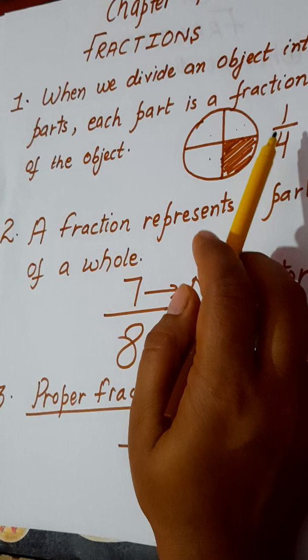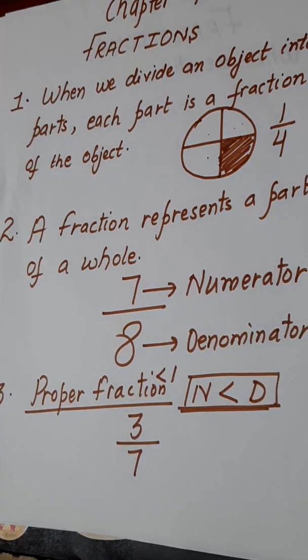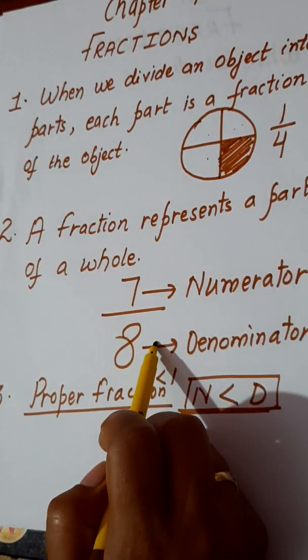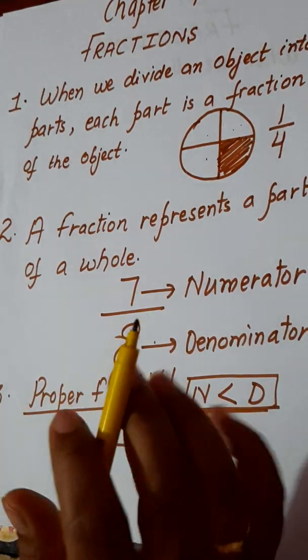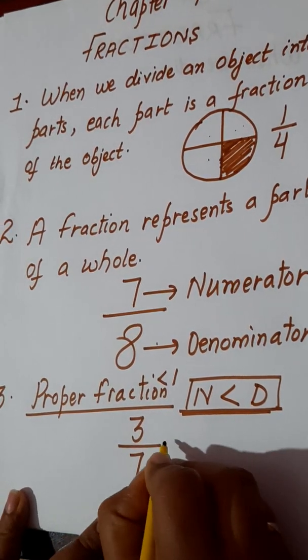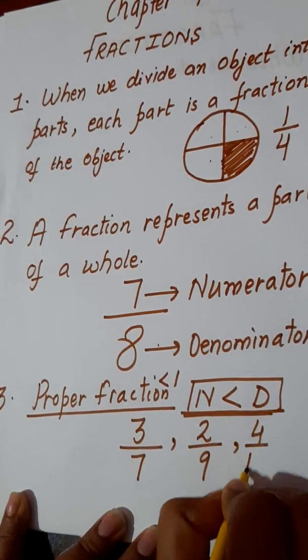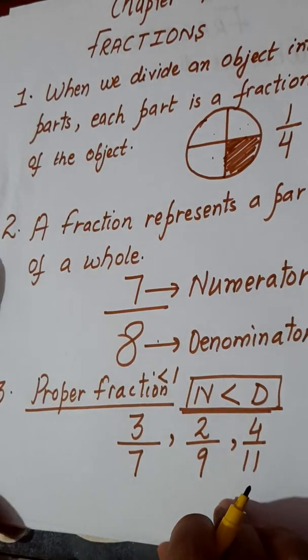Now here we have 1 upon 4 which represents a proper fraction. Here we have 7 upon 8, the numerator is lesser than the denominator, so it is also an example of a proper fraction. We have so many other examples like 2 upon 9, 4 upon 11. In each case, the numerator is lesser than the denominator, so this is your proper fraction.